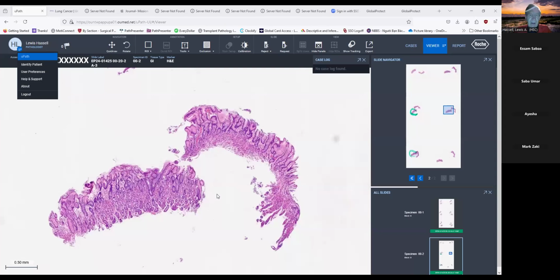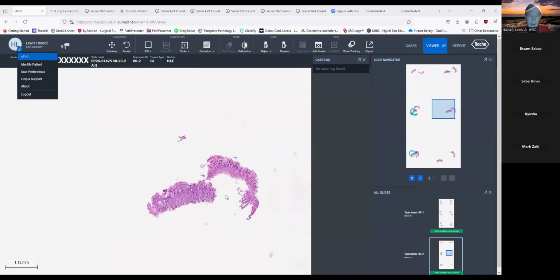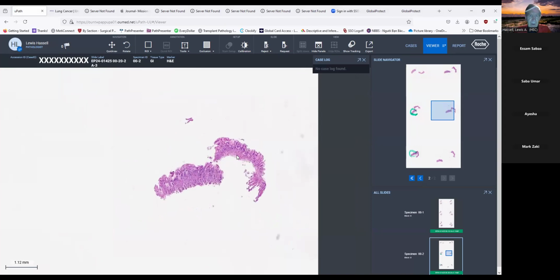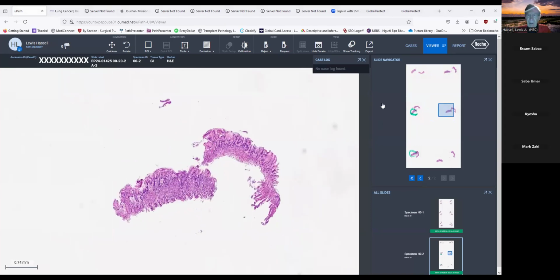So here is our case. This is a 44-year-old woman who has a couple of gastric biopsies. I believe she had some mild epigastric pain. On our routine slides, as you can see here on the right, there were three different levels, 1, 2, and 3. Each of these was fairly similar in size, although the first levels were relatively shallow.